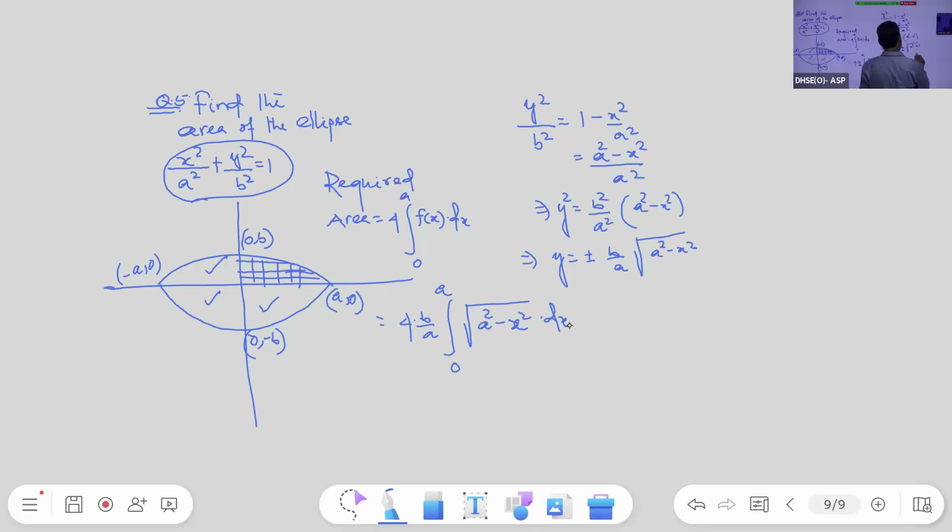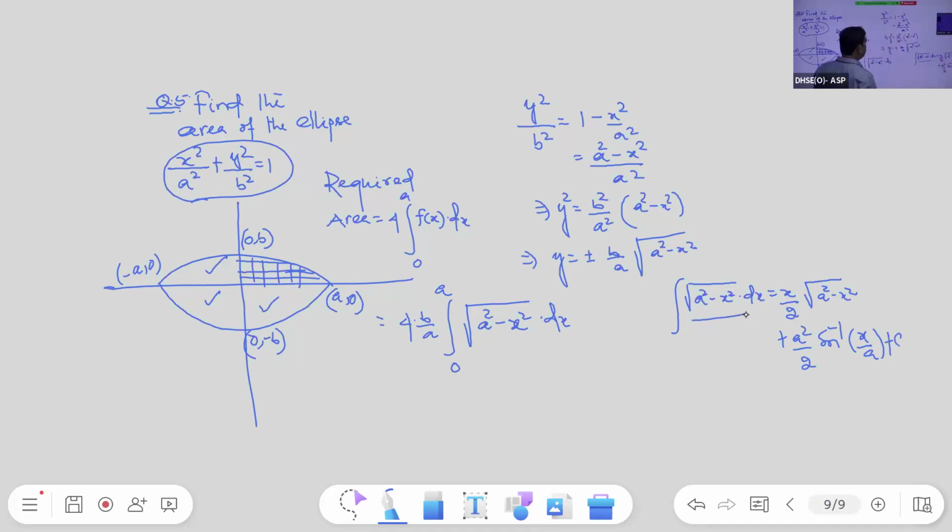From the indefinite integral, the integral of under root a square minus x square dx is equal to x by 2 into under root a square minus x square plus a square by 2 sin inverse x by a, plus c.